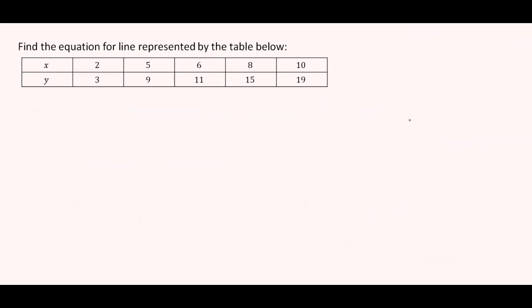Here's a final example. Find the equation for the line represented by the table below. The first thing we're going to do is pick any 2 points for our slope. I'm just going to pick the first 2 points. So I got 2, 3. I got 5, 9. My habit here is x1, y1, x2, y2.